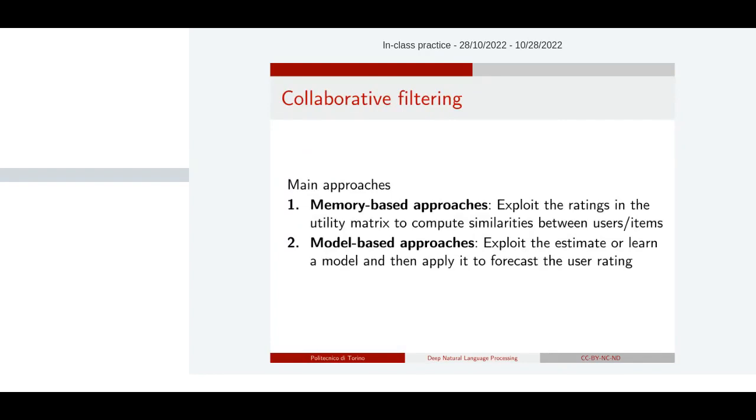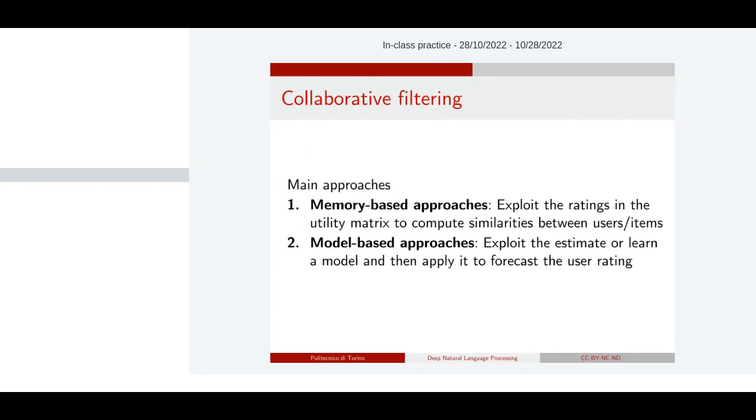So if you are a user, and you have some characteristics, I already know some of the characteristics of other users. I look for users that are similar to you, and based on the preferences of those similar users, I try to infer the preferences, your ratings, for some candidate items.